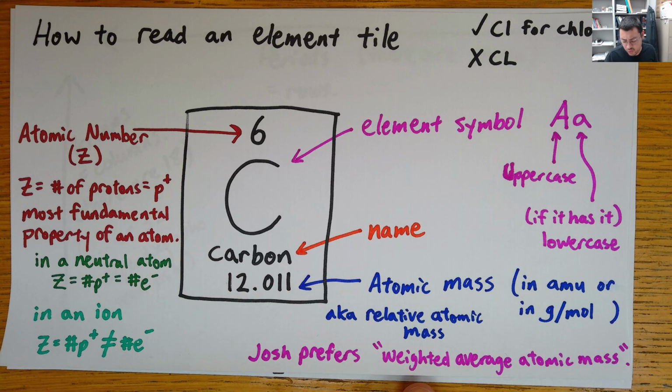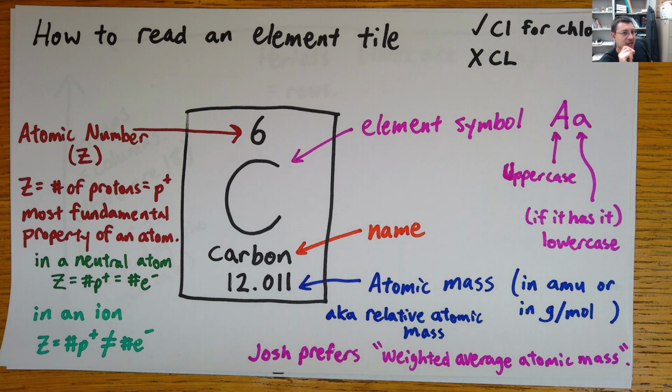The word weighted mean, when we say weighted average, means you have to consider that some isotopes, some atoms, have different possibilities of neutrons. For carbon, about 99% of carbon is carbon 12, whereas about 1% is carbon 13.